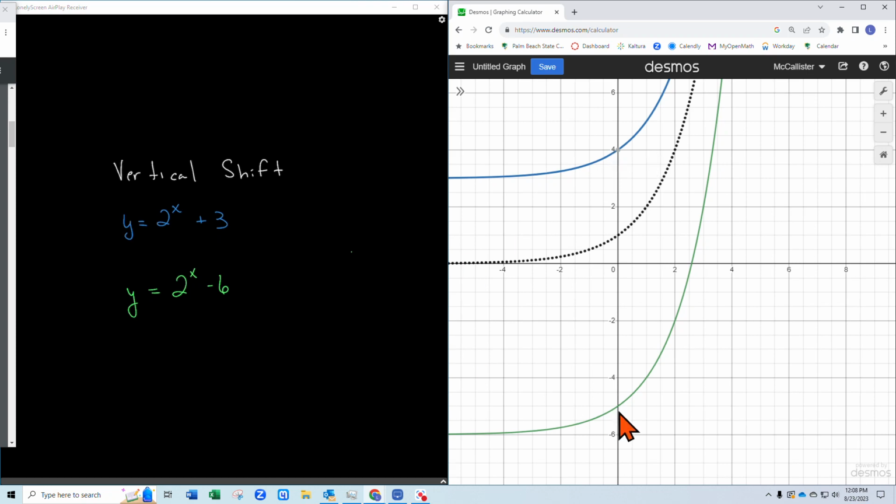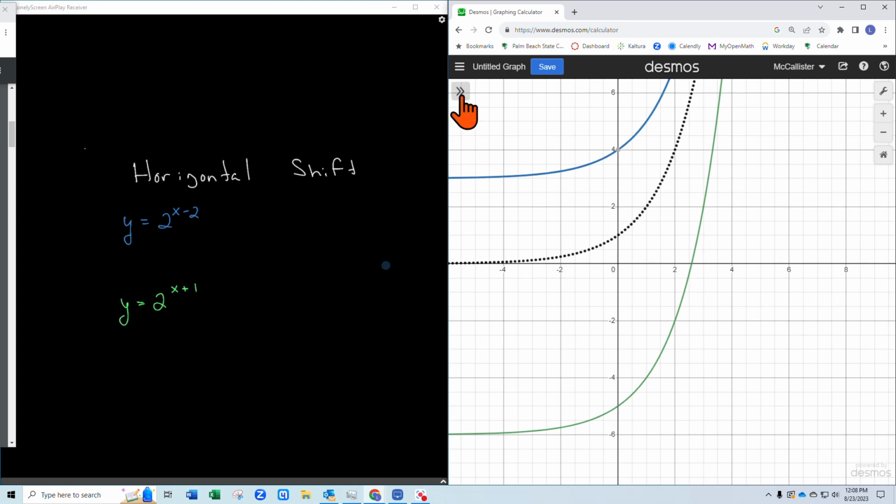Same thing with the minus 6 that got shifted down by 6 units. So the 2 to the x plus 3, remember 2 to the x is the exponential function, so this shift is 3 units up. And again, 2 to the x is the exponential function, and that minus 6 is 6 units shifted down.